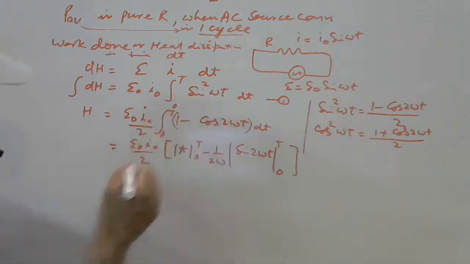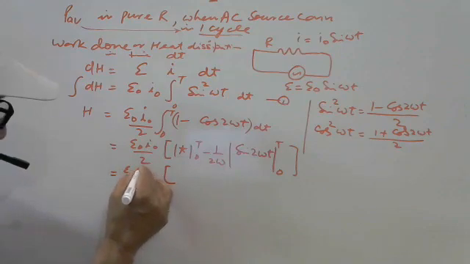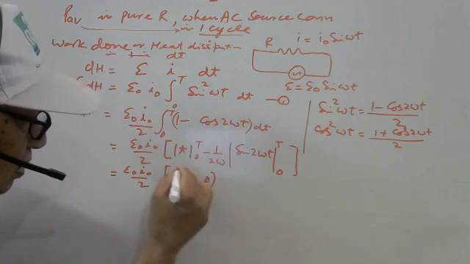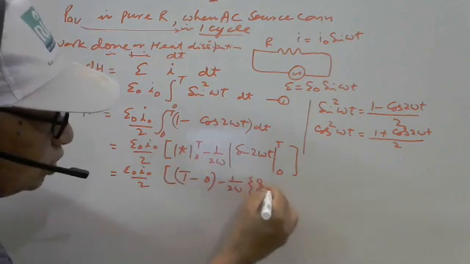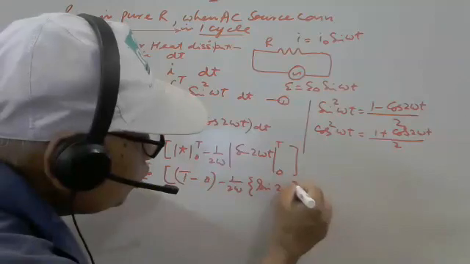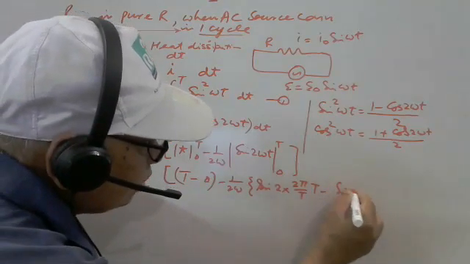So here, if you put the limits, E naught I naught upon 2 times the upper limit minus the lower limit. In sin 2 omega t, what is the value of omega? Omega can be written as 2 pi by capital T, and the upper limit is T, minus sin 0.